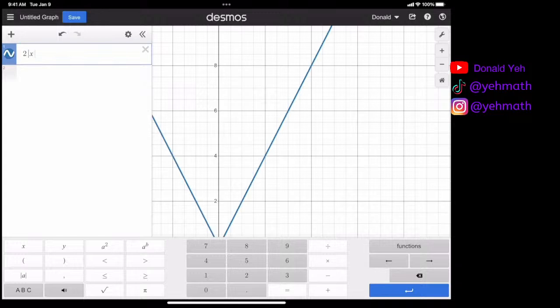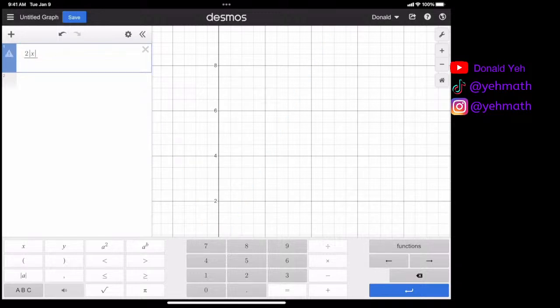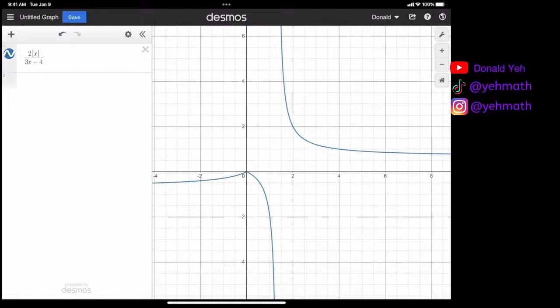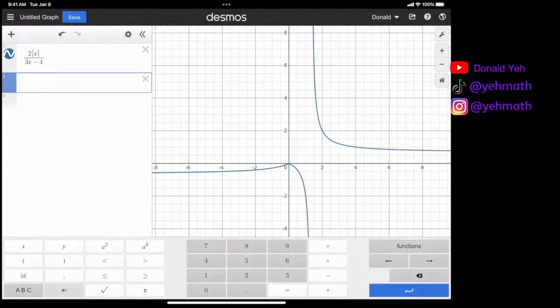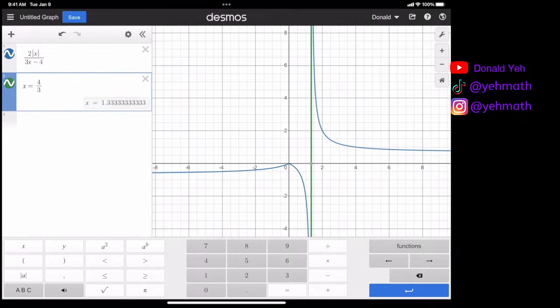So this is a function, right? What is it? 2x minus 3 or what? 3x minus 4. So it looks like this. It has an asymptote at 4/3, right?